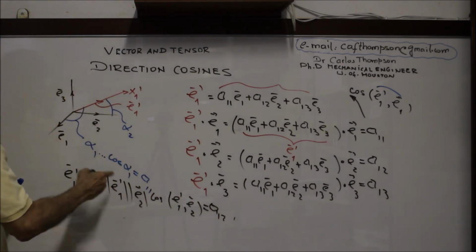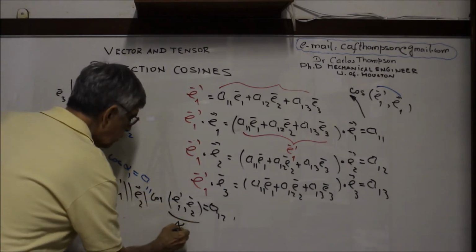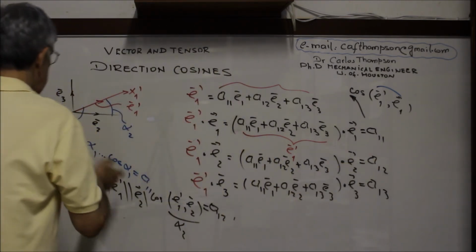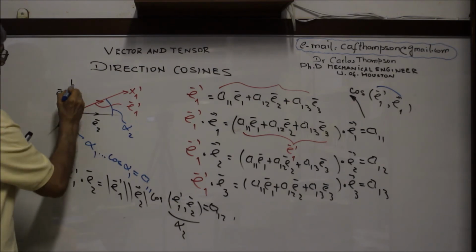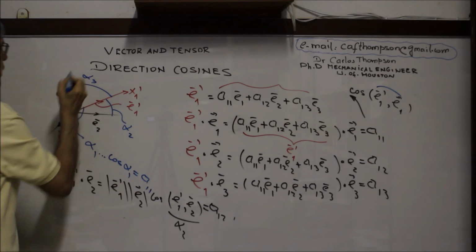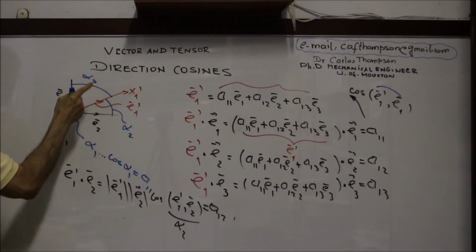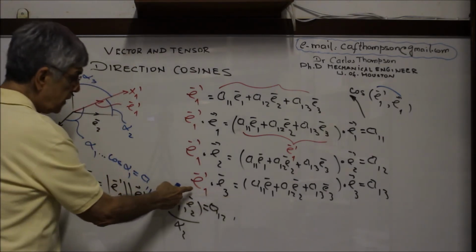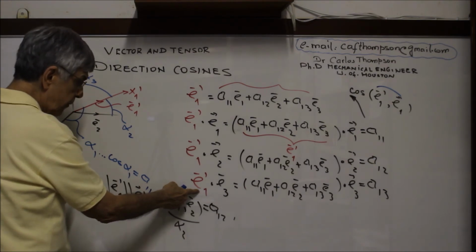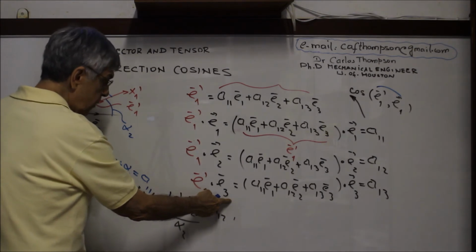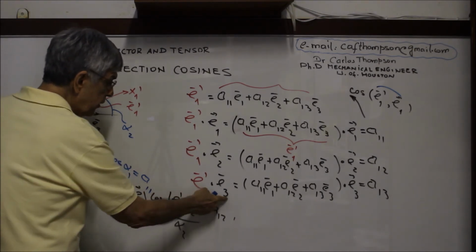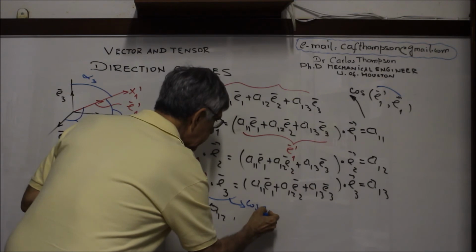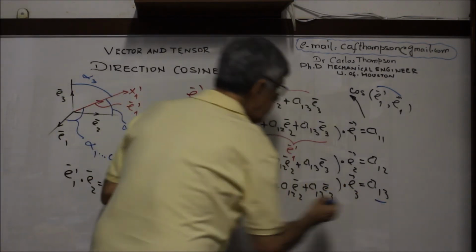So cosine of alpha 2, this is alpha 2, is A12. Now this angle over here, let's call alpha 3. Alpha 3 is the angle between E prime 1 and E3. So this is the magnitude of E prime 1, which is 1, times the magnitude of E3, which is 1, times the cosine of alpha 3 in this figure, which is A13.